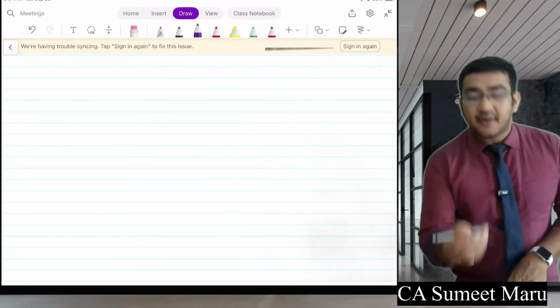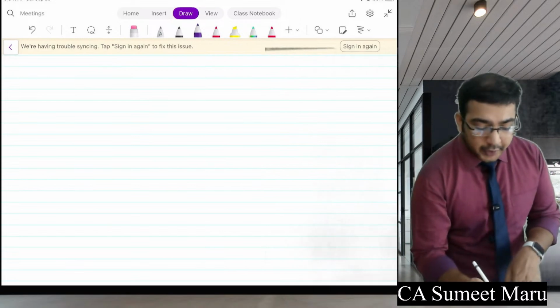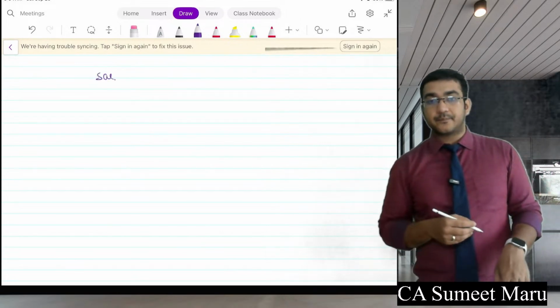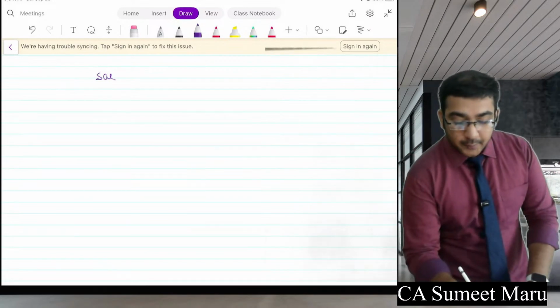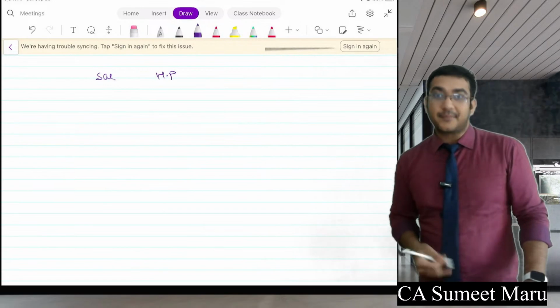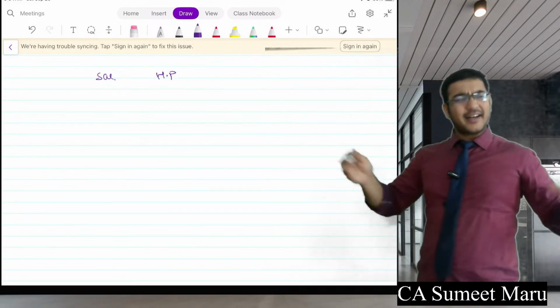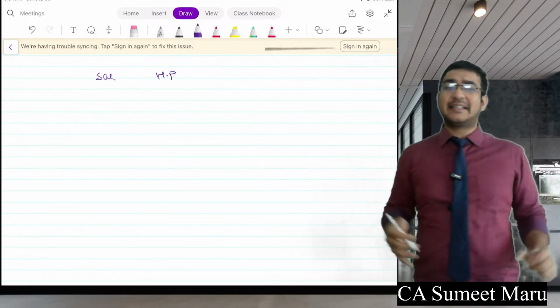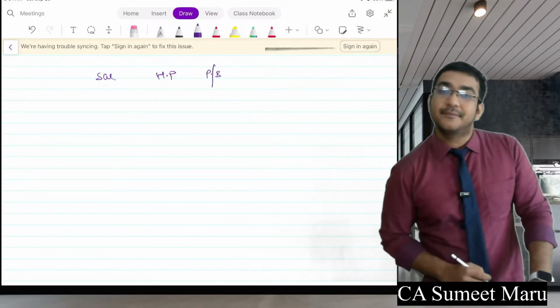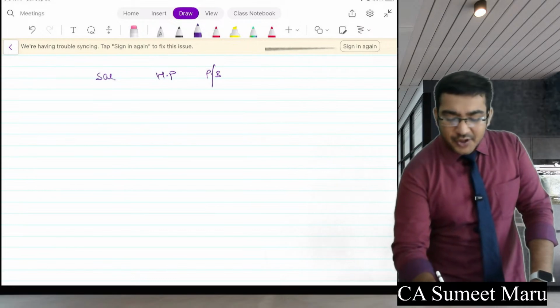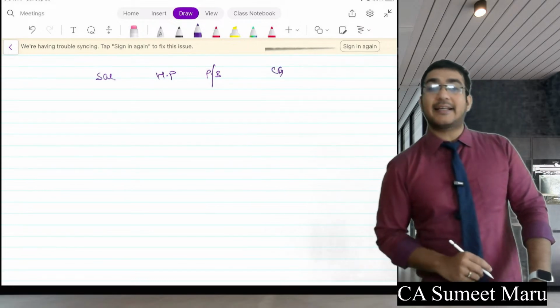Why? See, as soon as you become a CA, what will you get? You will get salary. Once you have collected a good amount of salary, you will purchase a house property. Once you have a beautiful house and an amazing salary, you will turn to business or profession. And when you sell and purchase more houses, you will get capital gain.